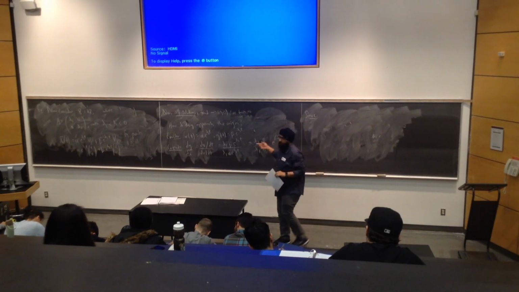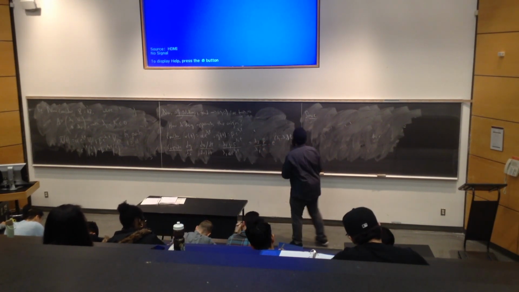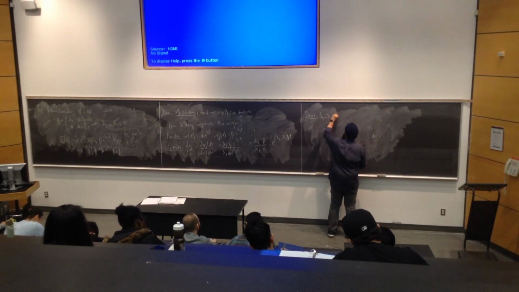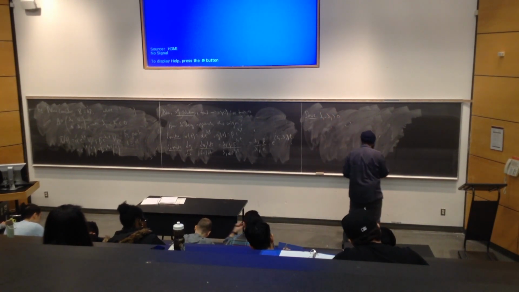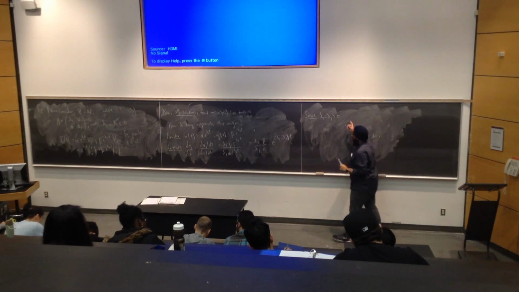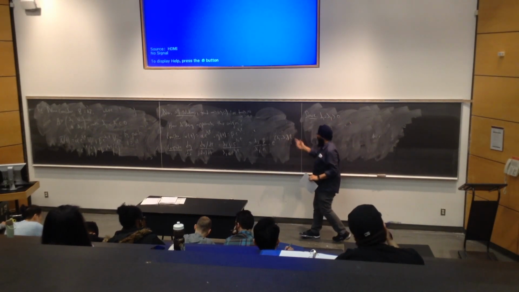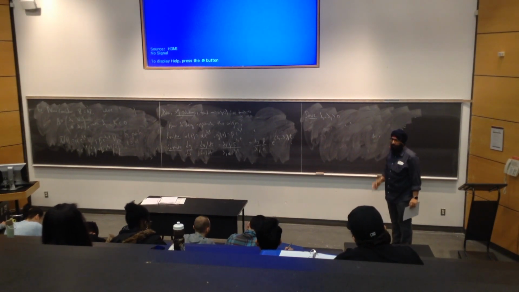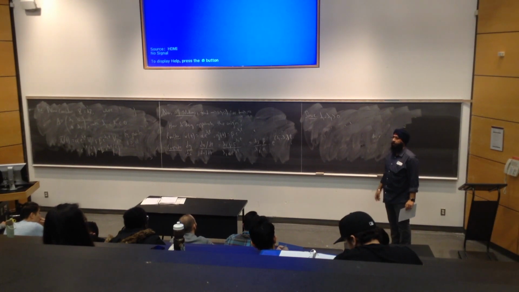Lambda 1 is less than lambda 2, both are negative. So in other words, lambda 2 minus lambda 1 is greater than 0. So lambda 2 is greater than lambda 1. What am I saying here about my slopes? What statement can I make? Very good.